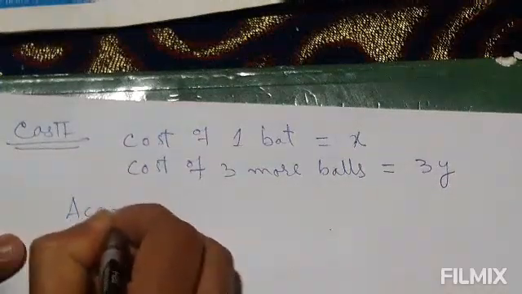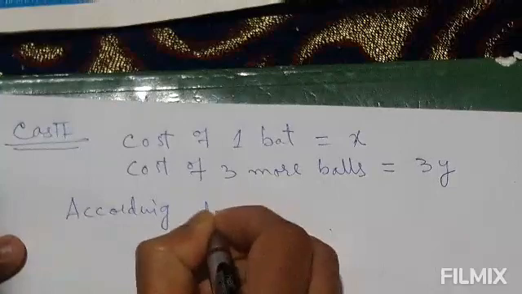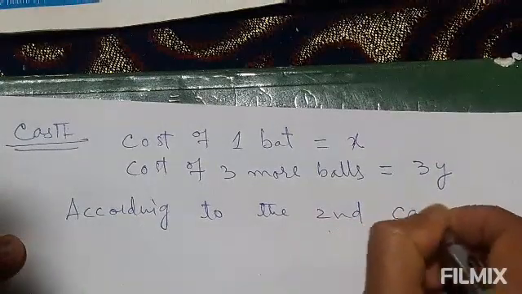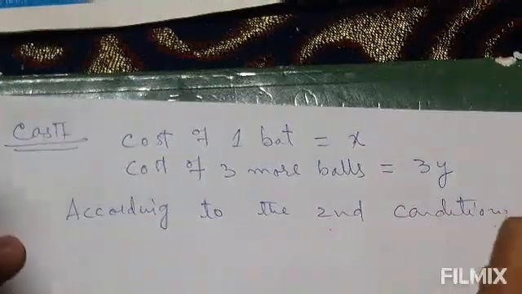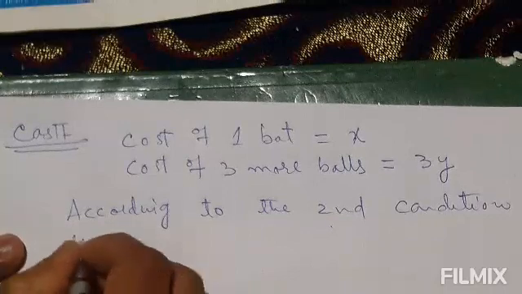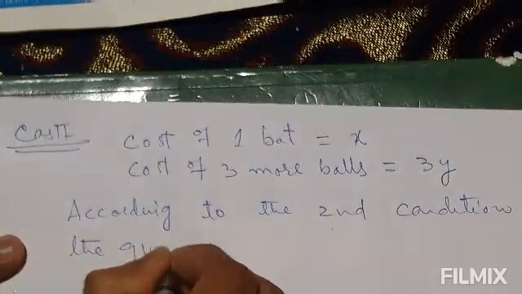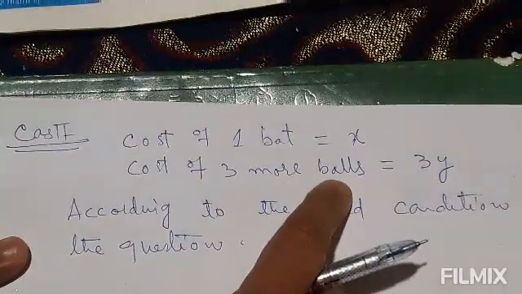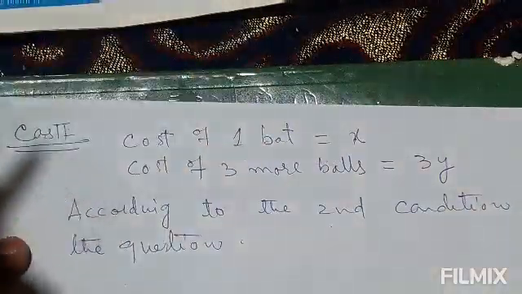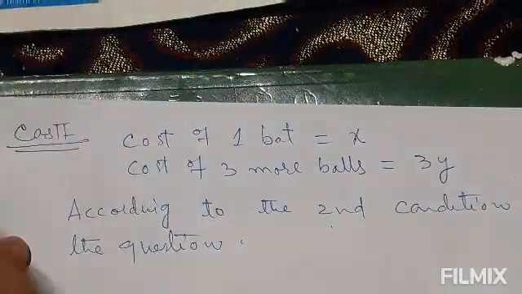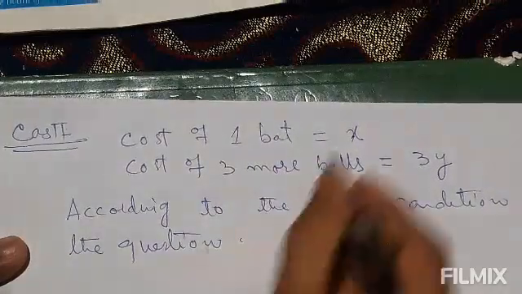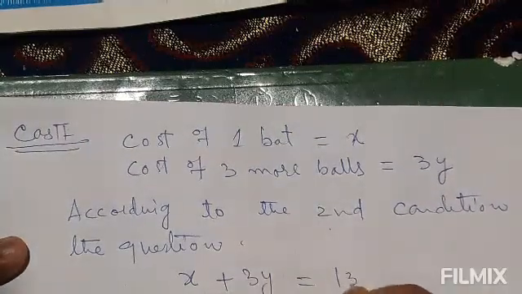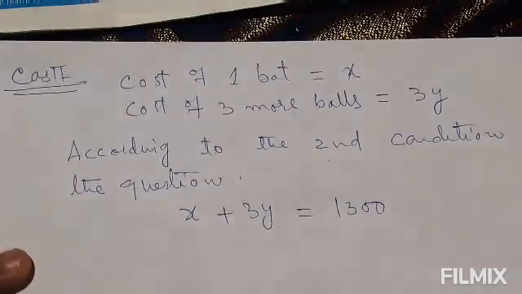So there is another condition of the question. So we shall write according to the second condition of the question. What is that condition? That one bat and 3 more balls has been bought by the cricket coach for rupees 1300. So we can write it as: this is the cost of one bat, x, plus 3 more balls 3y equal to 1300. Do you follow me? Okay.